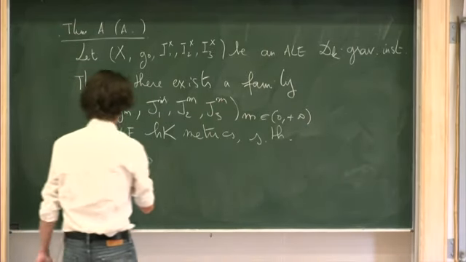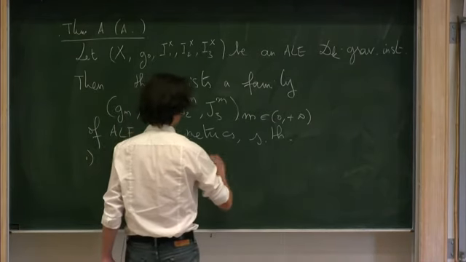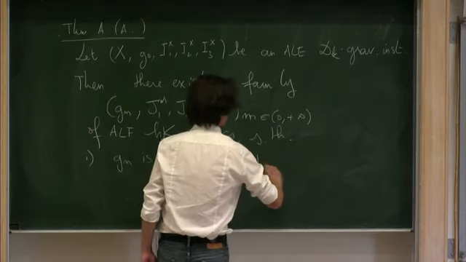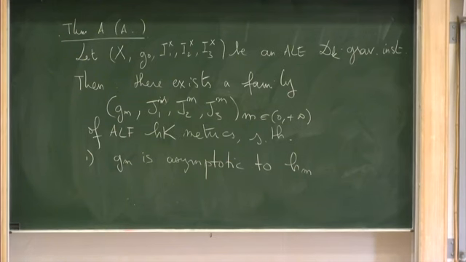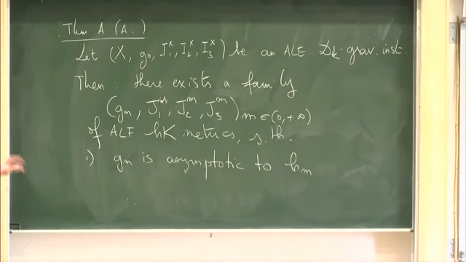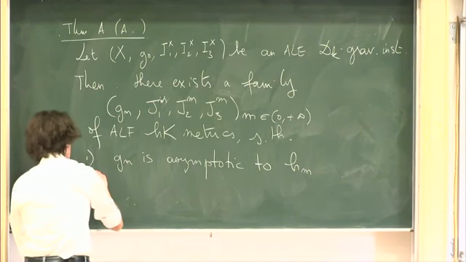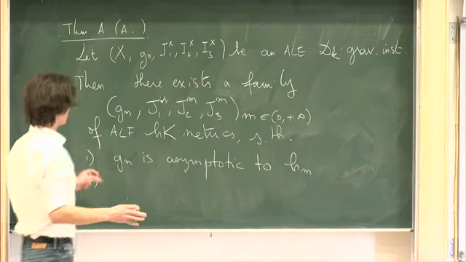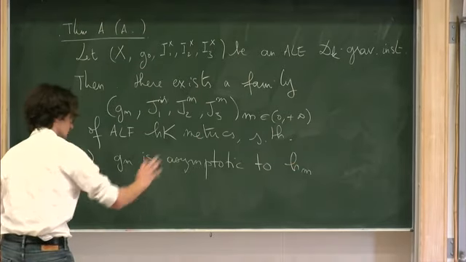So GM is, for fixed M, asymptotic to HM. So this requires a kind of chart at infinity, but I'll come back to that when I sketch the proof. Just it is asymptotic, for some natural chart, to HM.